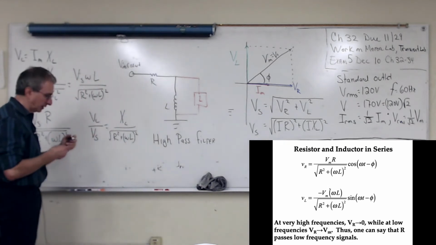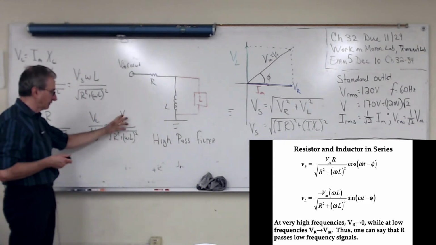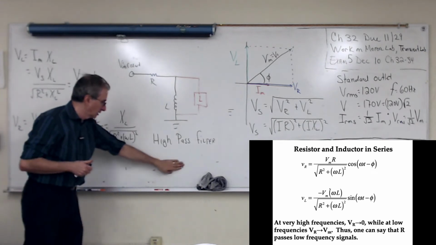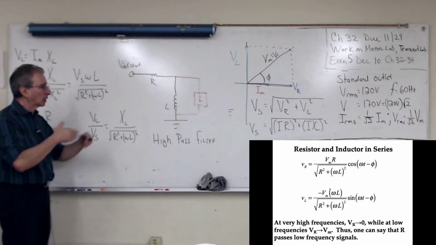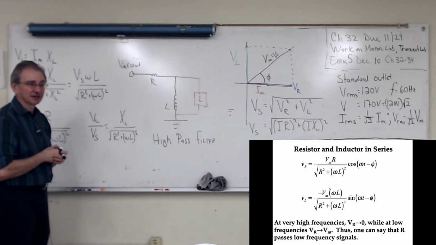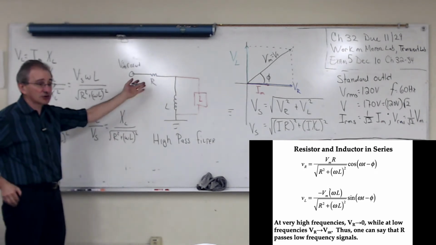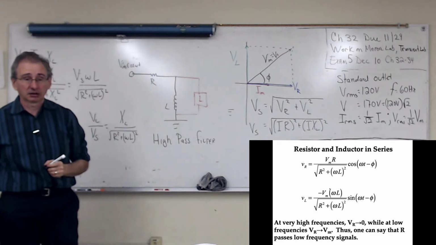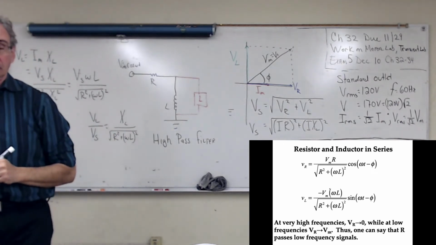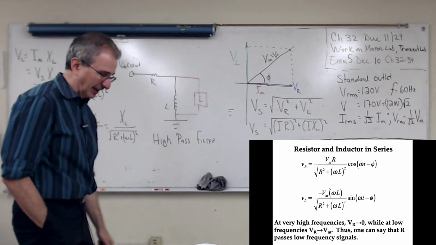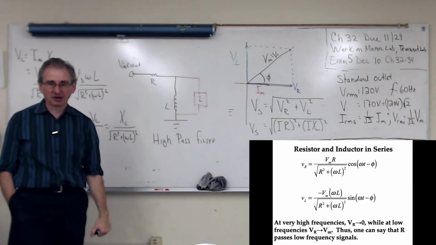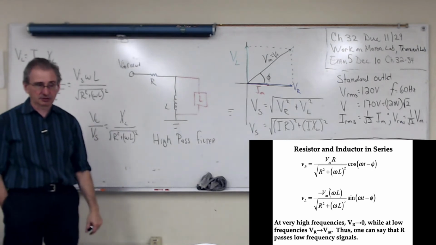Engineers will make a plot of this as a function of frequency and look at the behavior, and they'll do it for more complicated circuits than this. This is an important circuit in engineering and in circuit design, although usually one uses capacitors and resistors for high pass and low pass filters because inductors have inherent issues compared to capacitors.